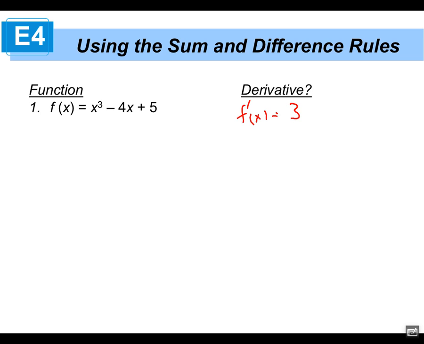Good. Minus 4 plus 0. We're all big people, we don't need the plus 0, right? All right, good. Everybody okay with that?